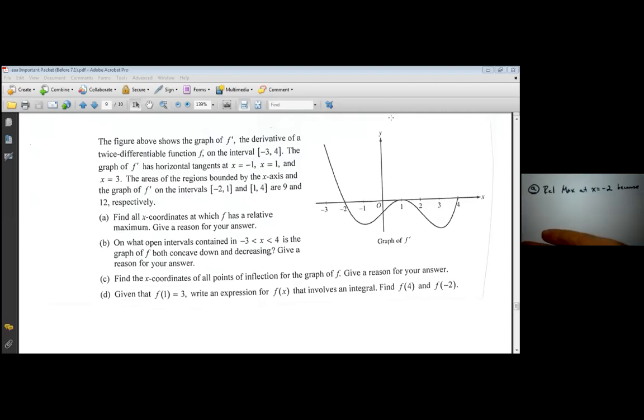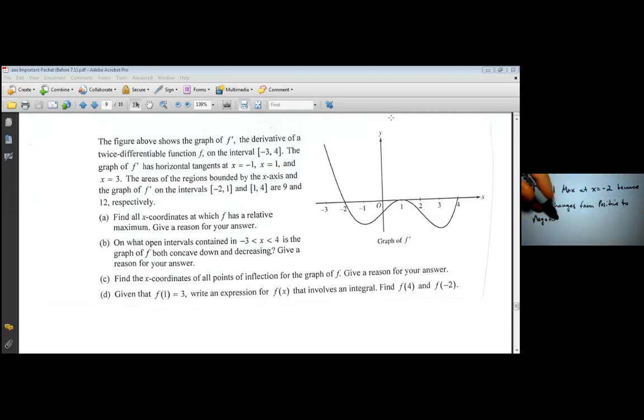The function is... So not the function, but f prime of x as our function, because f prime of x changes from what to what? Positive to negative. Perfect, from positive to negative.